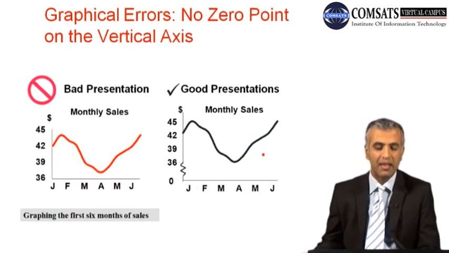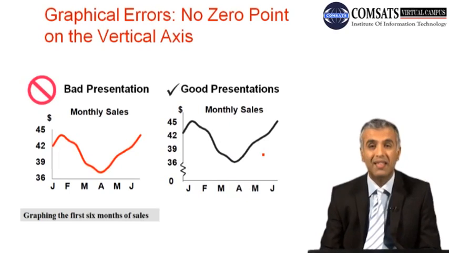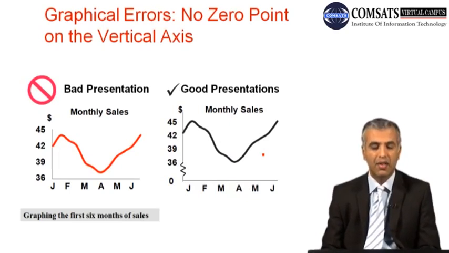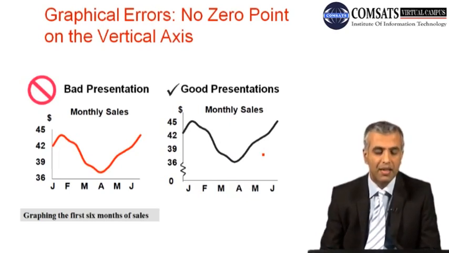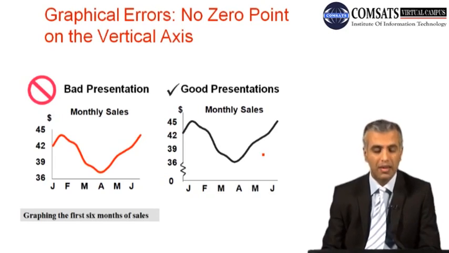Then again, this is another example of monthly sales data which is presented. On the left hand side, we have taken the y-axis by taking the initial scale right from the values which are included in the graph.